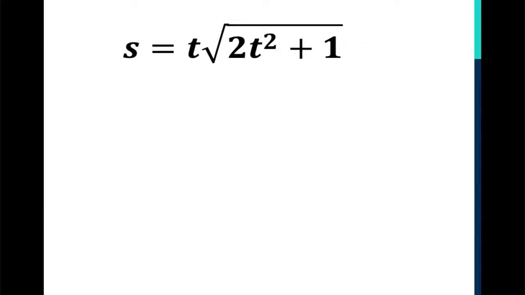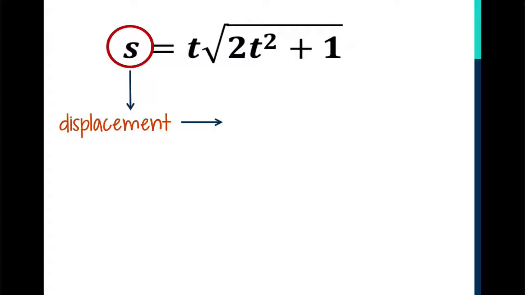So we have the equation s is equal to t times square root of 2t squared plus 1. And we know that s is the displacement since it is given that it is in feet. And we know also that the first derivative of the displacement is actually the velocity of an object.